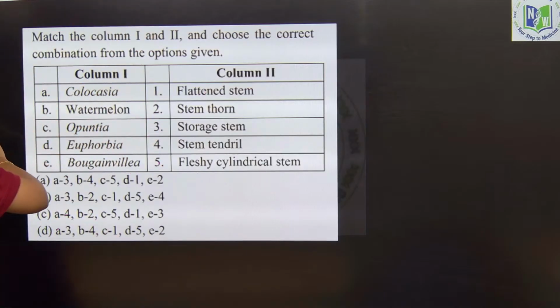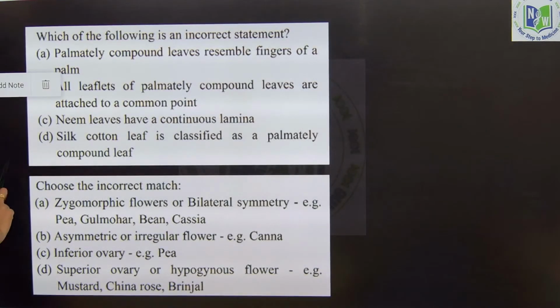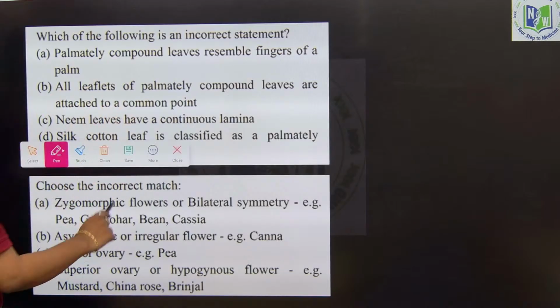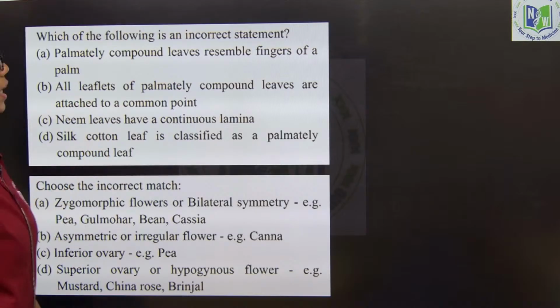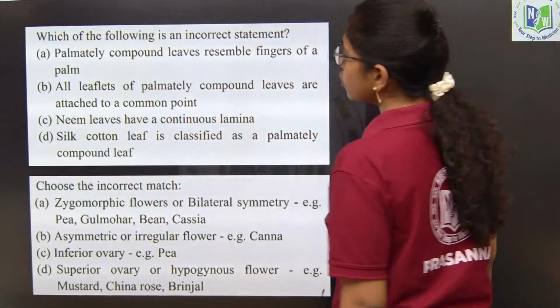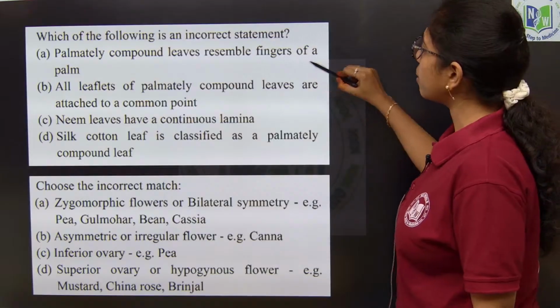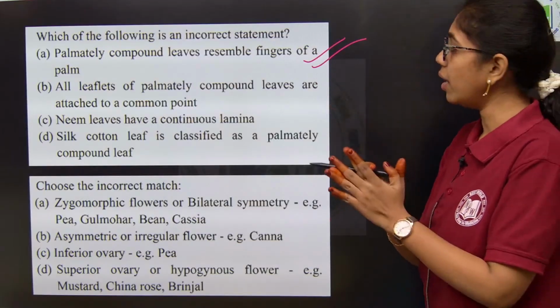And next question. Here, which of the following is an incorrect statement? So it is a statement based question, and this is from leaf modification beta. Palmately compound leaves resemble fingers of a palm. True? Yes, palmately compound leaves resemble fingers of a palm.